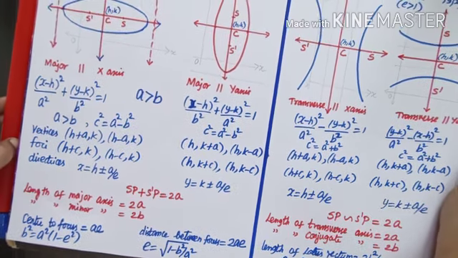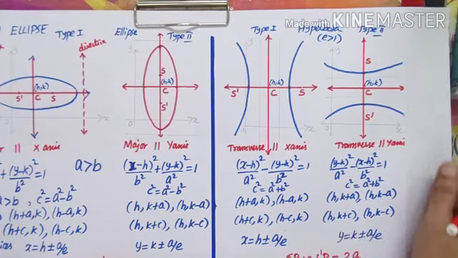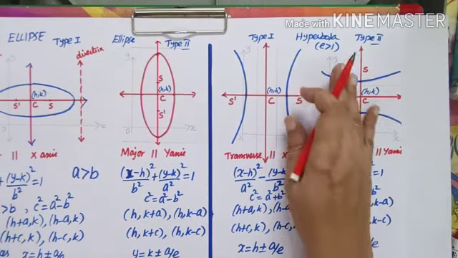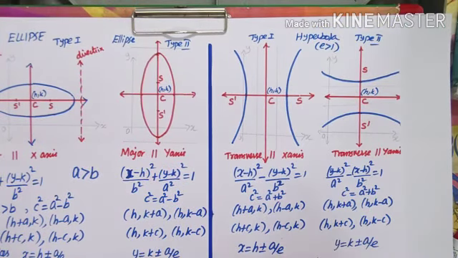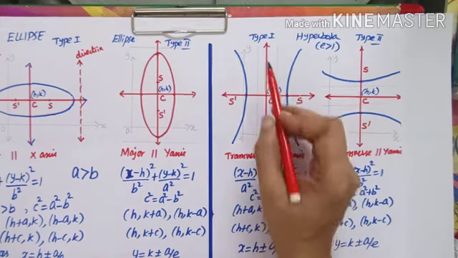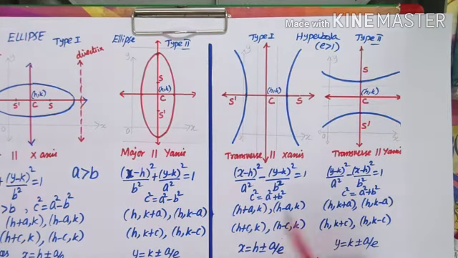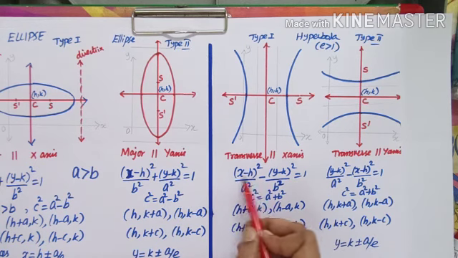The same idea of ellipse we shift to hyperbola. The only condition is, here c square equals a square plus b square. Here anything can be bigger. Then how to identify which is type 1 and type 2? In type 1, we have x minus h the whole square to be positive.